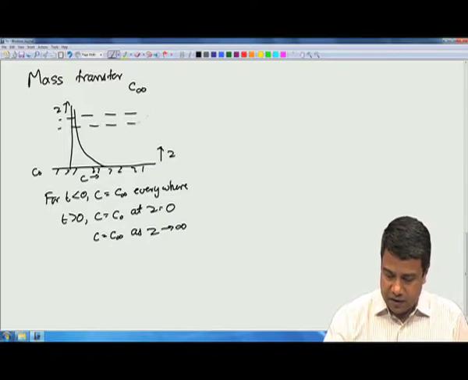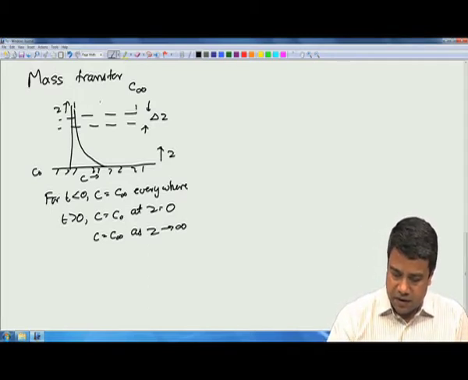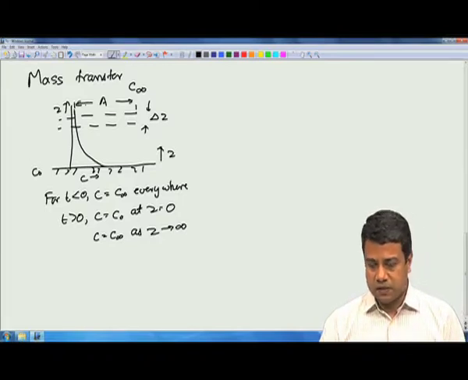Consider a small interval delta Z, cross sectional area A, and write the balance equation.